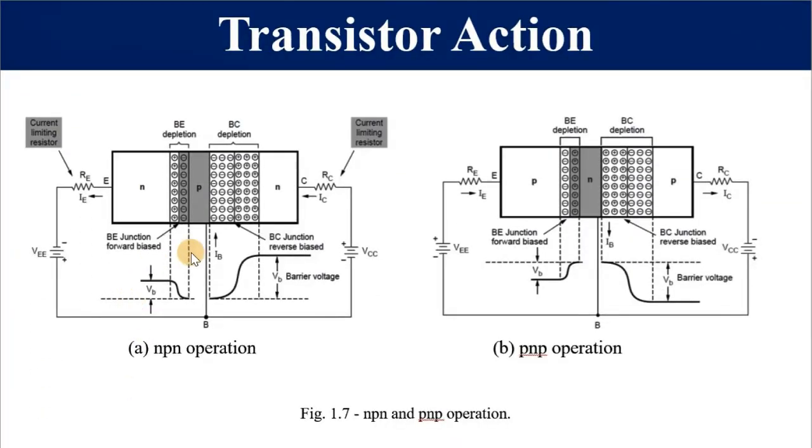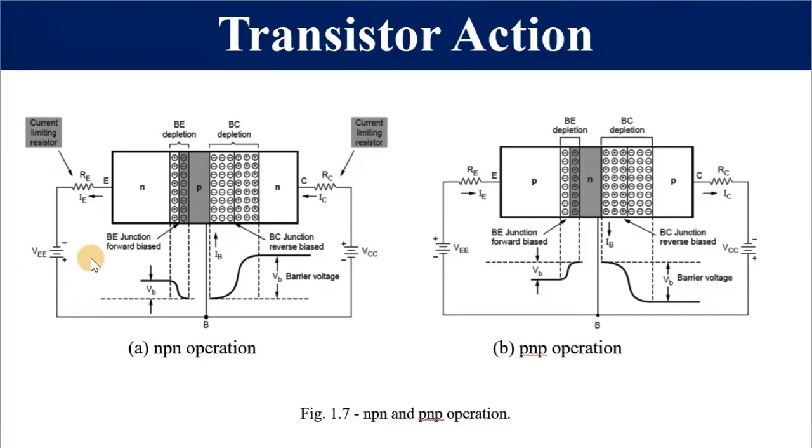Please take note of the inclusion of the current limiting resistors RC and RE. RE stands for emitter resistor and RC stands for collector resistor. The current flowing through this resistor is called collector current IC, and the current flowing through the emitter resistor is called IE, standing for emitter current.